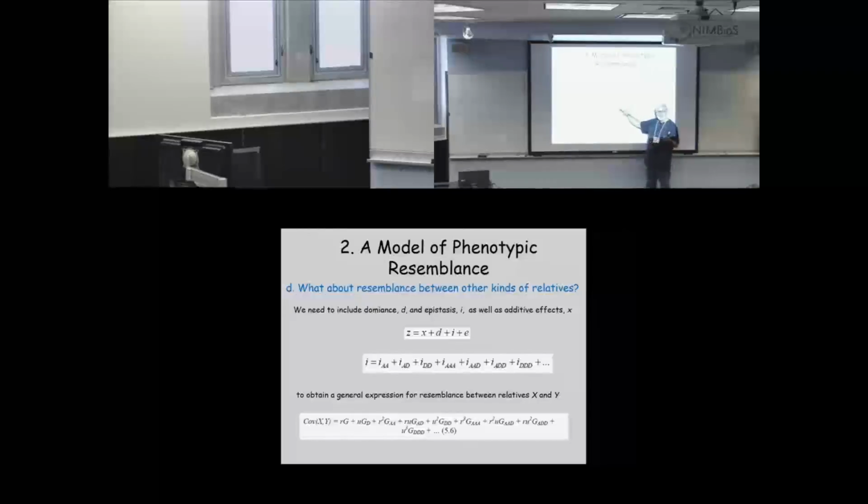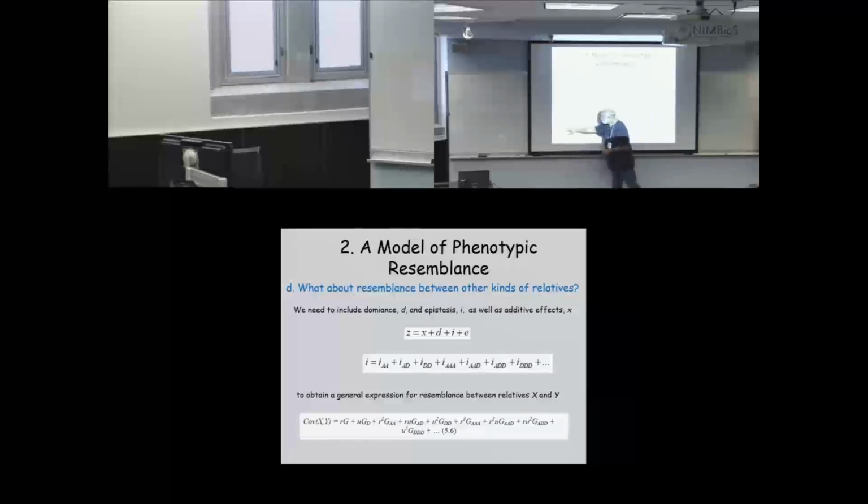Let's imagine that we've got triplets of genes, and we're looking at additive by additive by additive interactions. So you can decompose the epistatic contribution to an individual's phenotype as coming from all of these different terms. Then when you break out the covariance between a pair of relatives, X and Y, it's due to all of these terms.